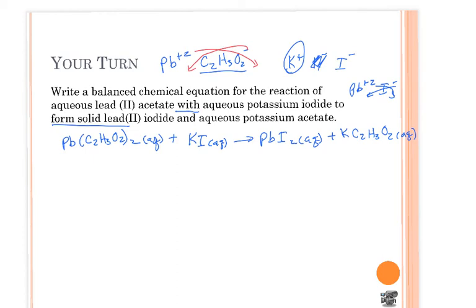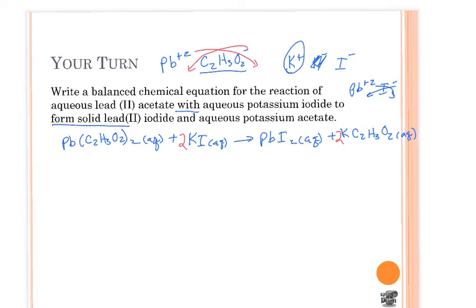That would be really hard to balance. So we have 2 acetates on the left, and we only have 1 on the right, so let's put a 2 here. Okay? Now, when we've done that, there's 2 potassiums on the right now, and we only have 1 on the left, so I'm going to go ahead and put a 2 right there. Now, we have 2 iodines on the left, and we have 2 on the right, so we're good with that.